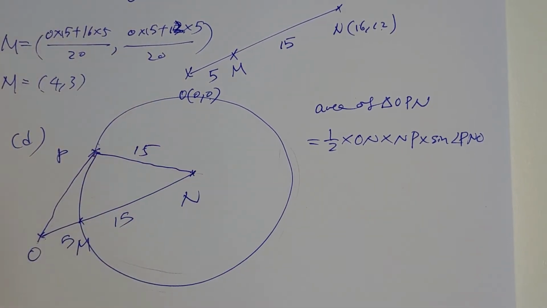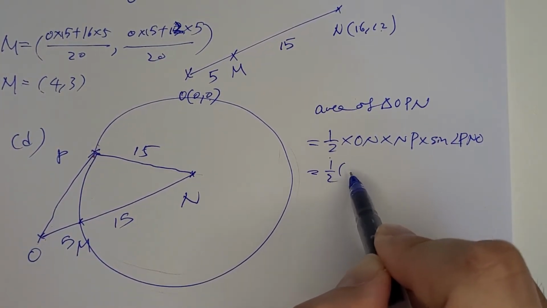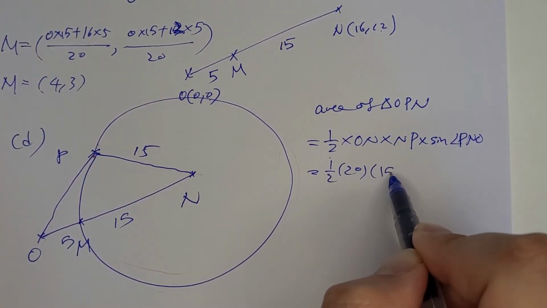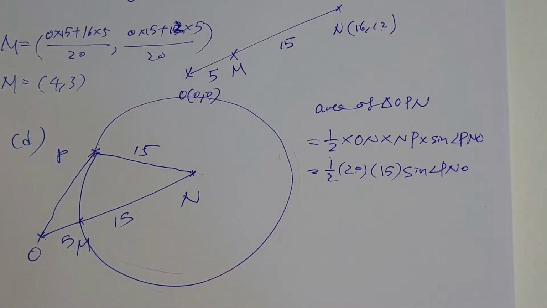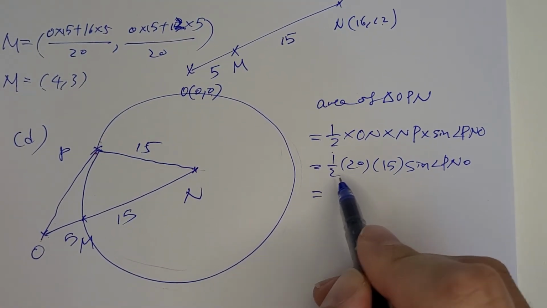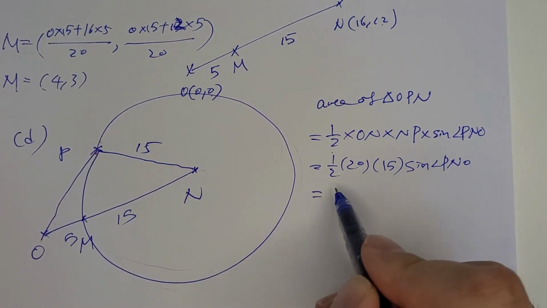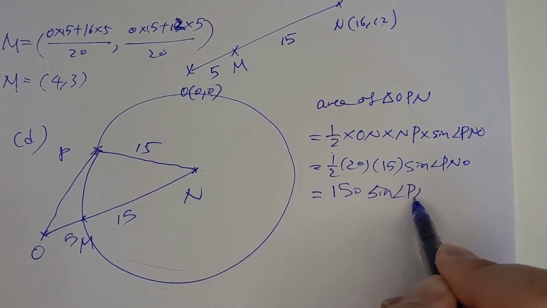Then you can find the area, that is 1 over 2 times 20 times 15 times sine angle PNO. So finish the cancellation of numbers. That's 150 times sine angle PNO.